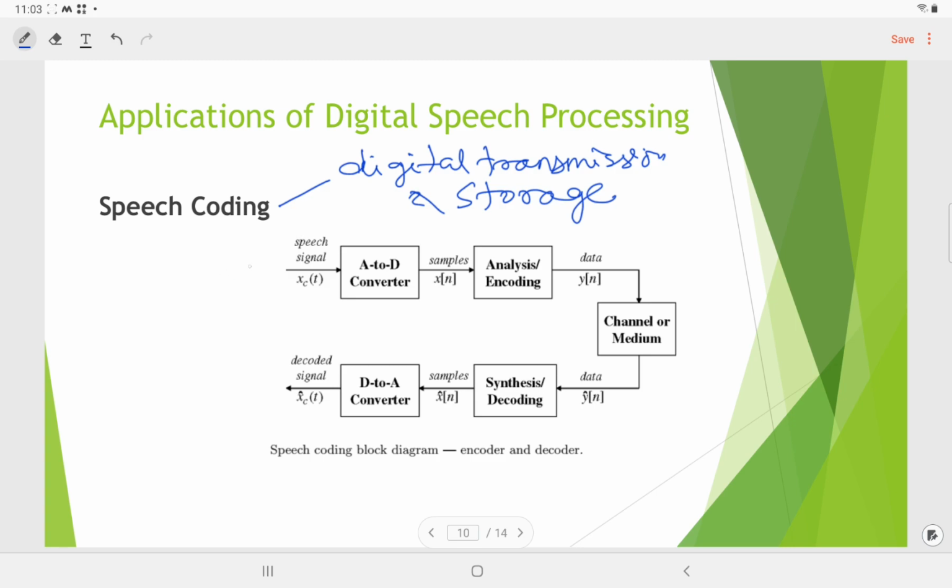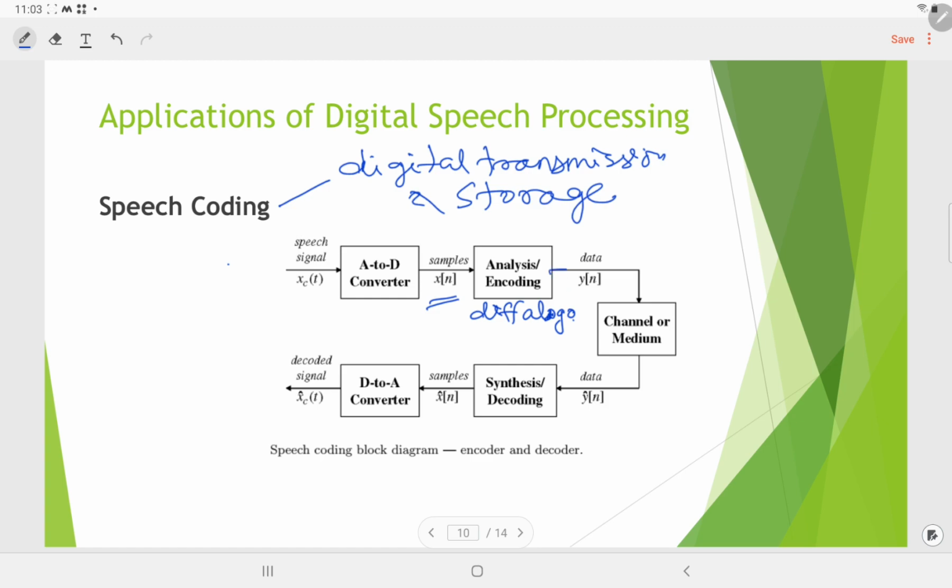So, this is the block diagram of speech coding. Here the speech signal is in analog form, which is converted to digital form by an analog to digital converter, and then the second block is the analysis or encoding block. Here we will find the application of different algorithms for coding the signal.